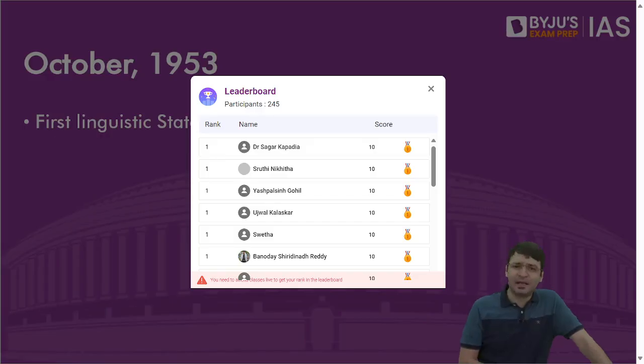But then the government said, we cannot be taking these decisions just like this. People will start protesting, they will kill themselves, some will go on fast unto death. We can't take this decision like this. We need a technical committee to decide the parameters on the basis of which we can reorganize the country.